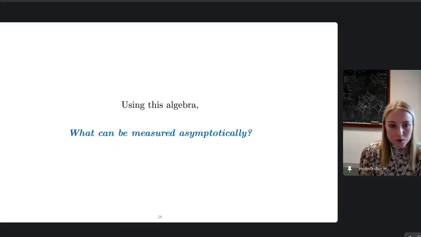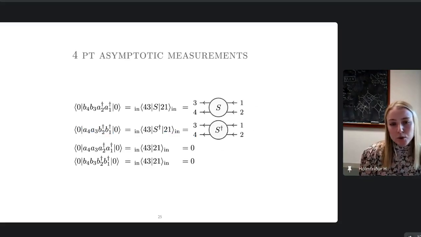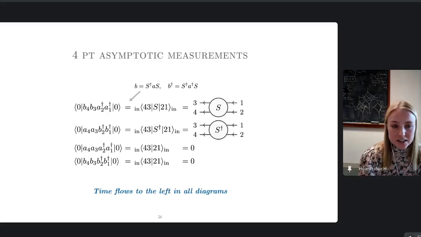So using this algebra, what can we measure asymptotically? Let's start at 4 points. We have 4 particles, 1, 2, 3, and 4. One thing we can do is string them together like this. We can act with creation operators in the past and annihilation operators in the future.